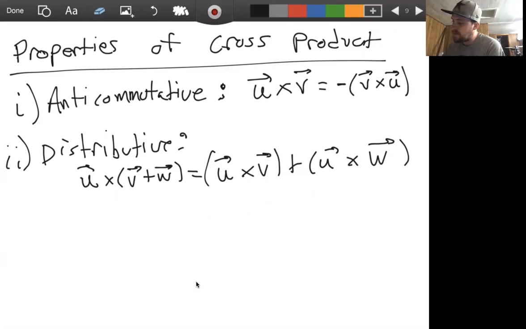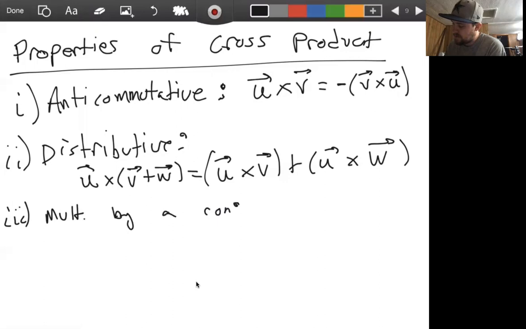The third property I'd like to discuss is multiplication by a constant. Similar to the associative property of the dot product, let k be a real number.